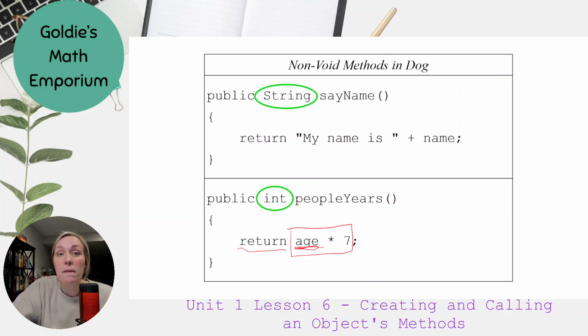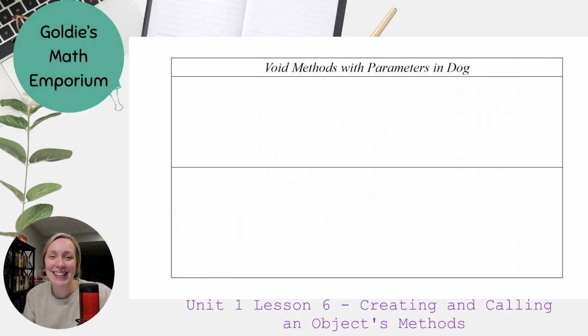Now, very important that with this return statement, it does not update age's value. You can only do that with an assignment. You have to have your equal sign or a compound operator using the equal sign. Here it just says take age times 7 and return that value. You're not actually updating age at all. You are just using it in an expression. So those are two non-void methods in Dog.